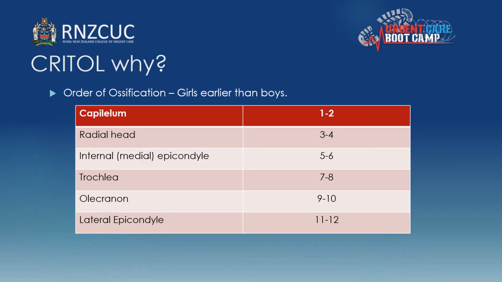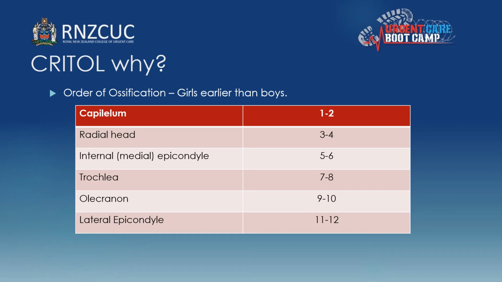So we can't really do a talk without talking about CRITOE. Everybody always talks about CRITOE, but no one really explains why it's important. CRITOE is the order of the ossifications, and they all appear at a pretty predictable age, with girls usually a little bit earlier than boys. So the numbers on the left are usually the ages when these appear in girls, and when they appear in boys is on the right.